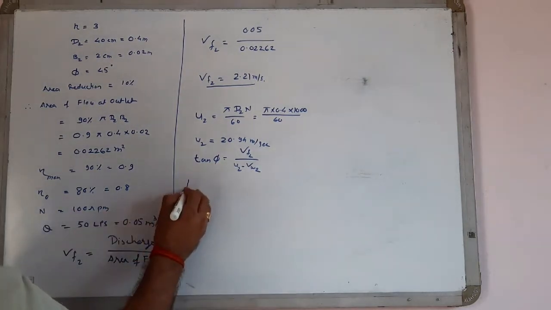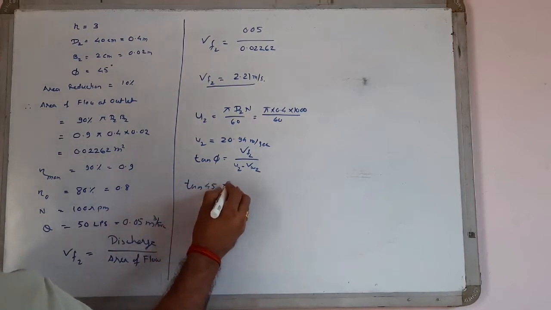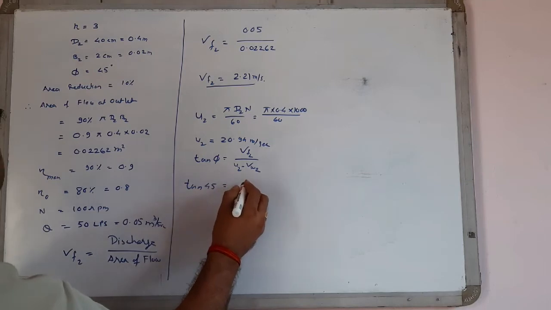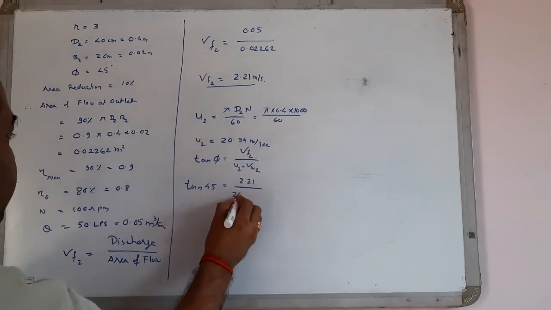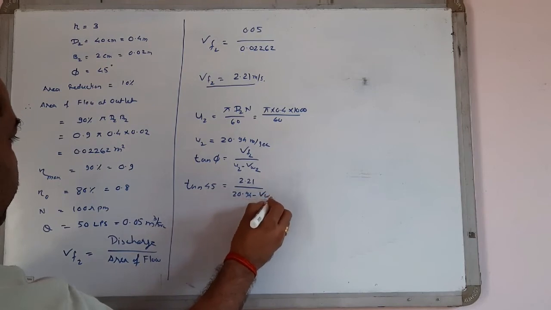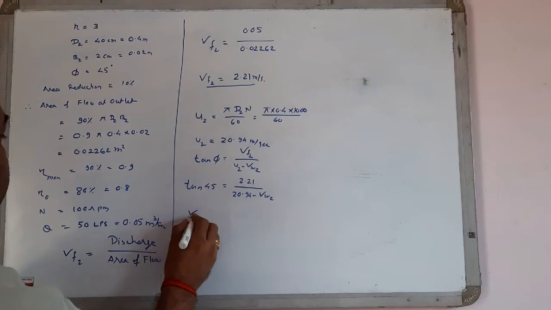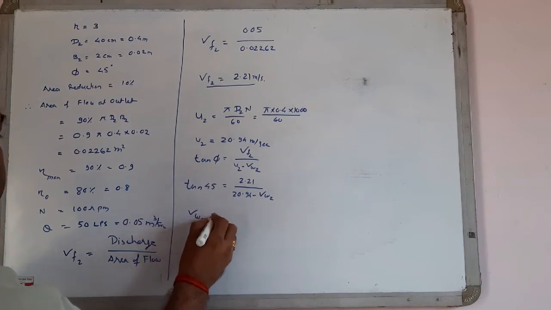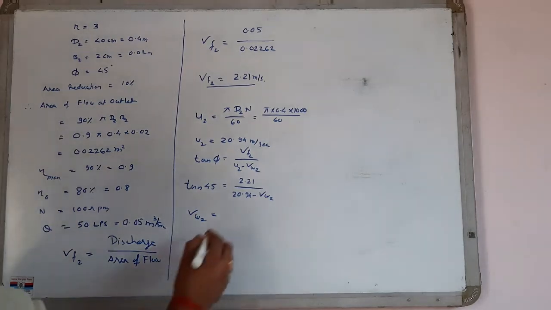So tan 45 equal to VF2 is 2.21 by U2 is 20.94 minus VW2. The value of tan 45 is 1. So the value of VW2 can be calculated as 18.73 meter per second.